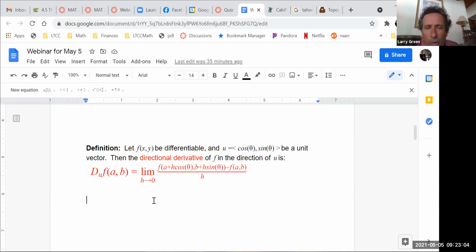Okay. Why does this match up, by the way, with the partial derivative? So why does this give you the definition of both partial derivatives all in one? Anyone see it? Give you a moment.